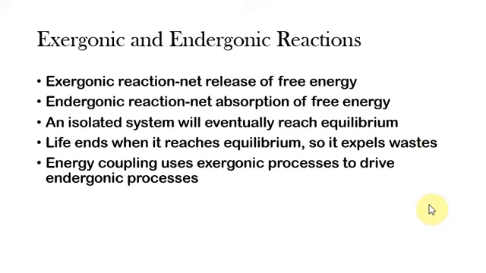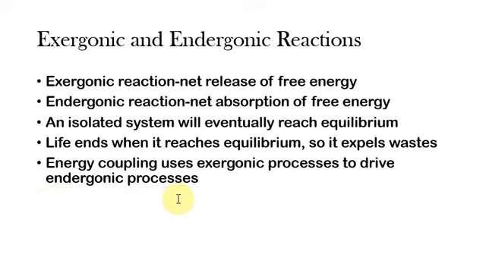All these things end up as waste, and by expelling them, it prevents your body from reaching equilibrium. It's constantly getting rid of those products, and that allows for the reactants in any chemical reaction to keep flowing through the reaction. And so that's why life does that.